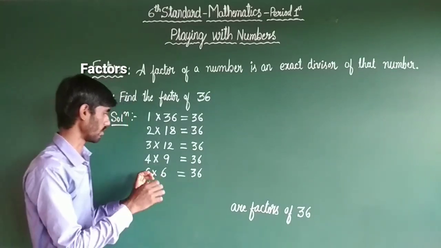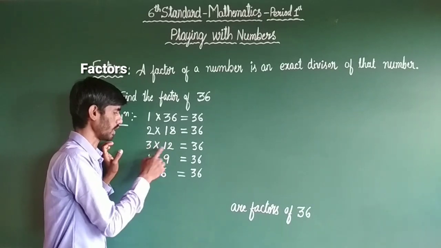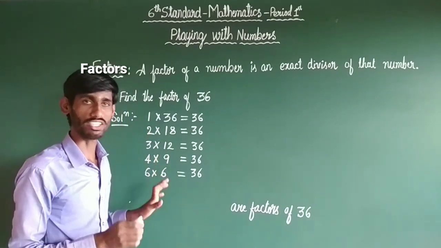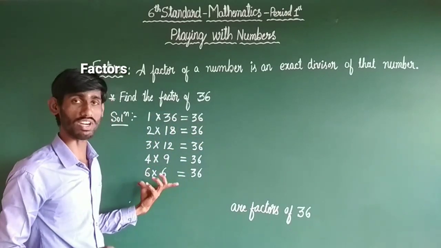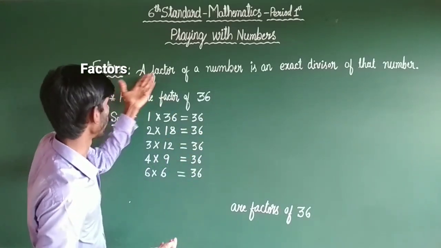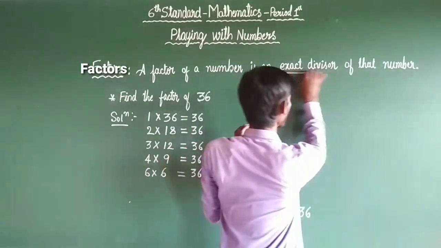These are all the factors of 36: 1, 36, 2, 18, 3, 12, 4, 9, 6. Are you clear? What is the meaning of factor? A factor of a number is an exact divisor of that number, a very important point.